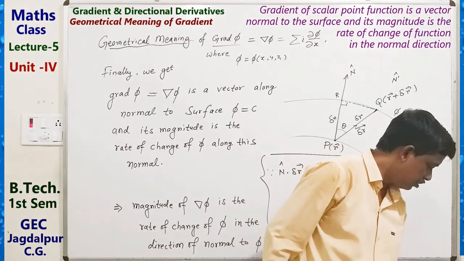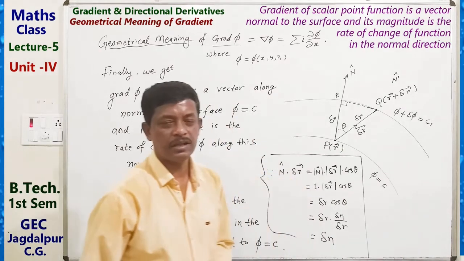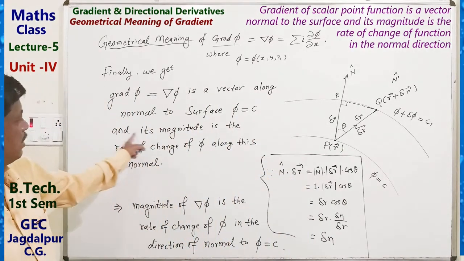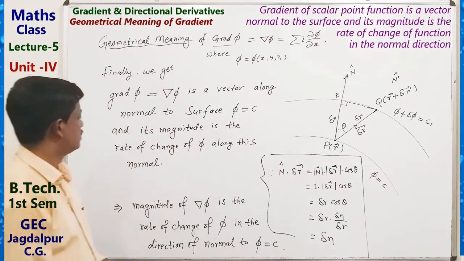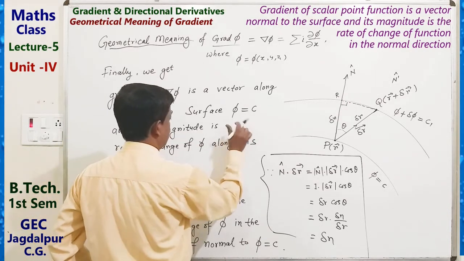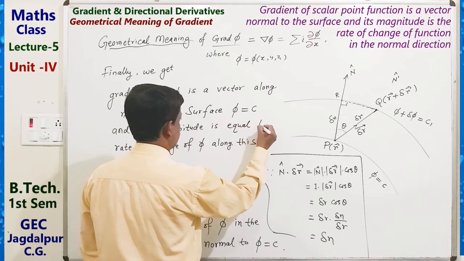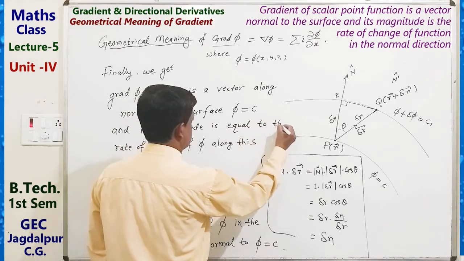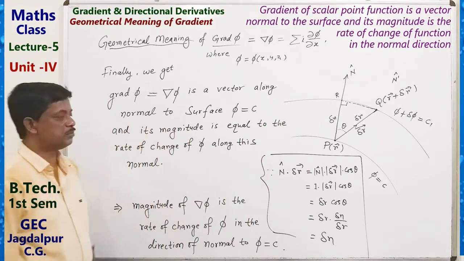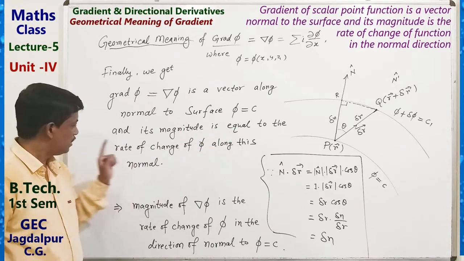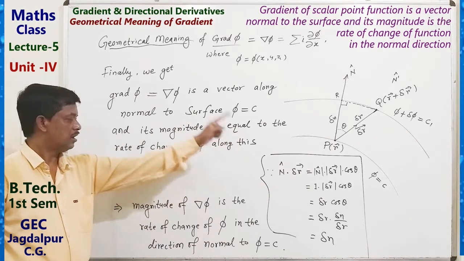Okay, its magnitude is equal to the rate of change of phi along this normal.